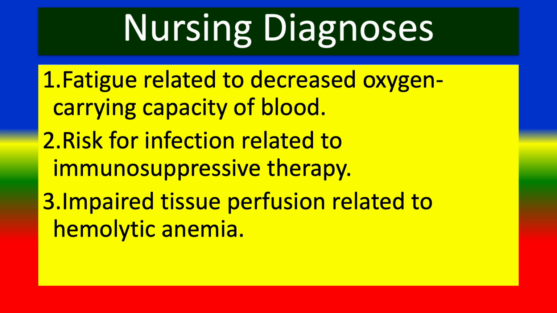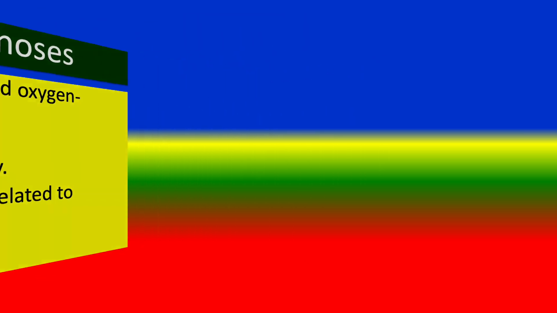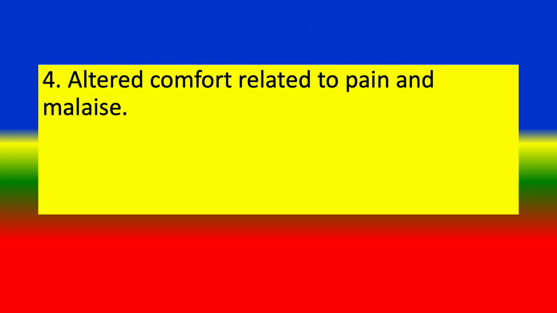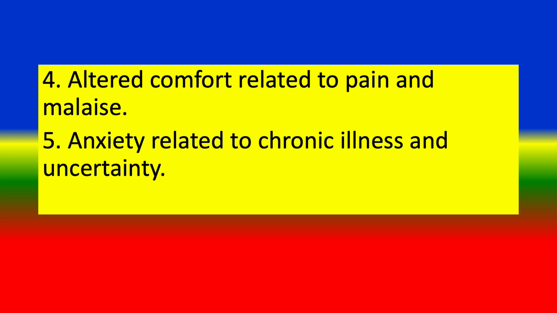Impaired tissue perfusion related to hemolytic anemia. 4. Altered comfort related to pain and malaise. 5. Anxiety related to chronic illness and uncertainty.